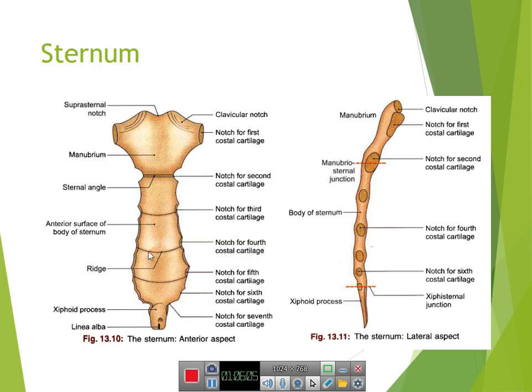These 3 transverse ridges indicate the lines of fusion of the 4 small segments called sternebrae. We have 1, 2, 3, and 4 sternebrae that are connected to each other and form 3 transverse ridges.